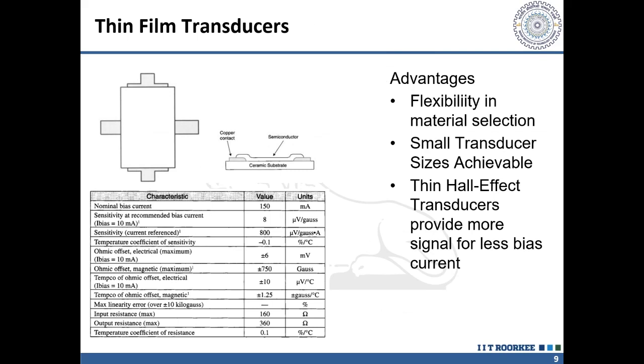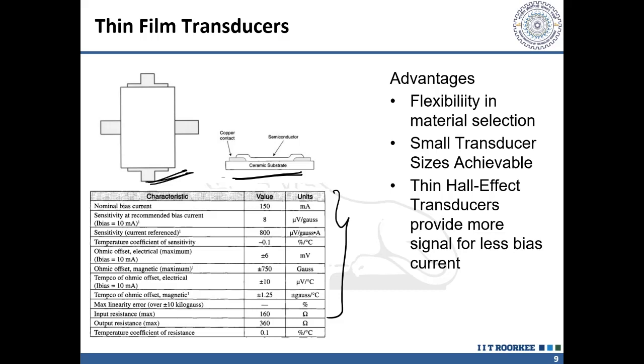Thin film transducers are basically thin films of semiconductor condensed on a ceramic substrate with metal contacts attached to it. This is how it looks, and the cross section looks like this. Take a look at the sensitivity values given here and compare them to the ones on the previous slides.